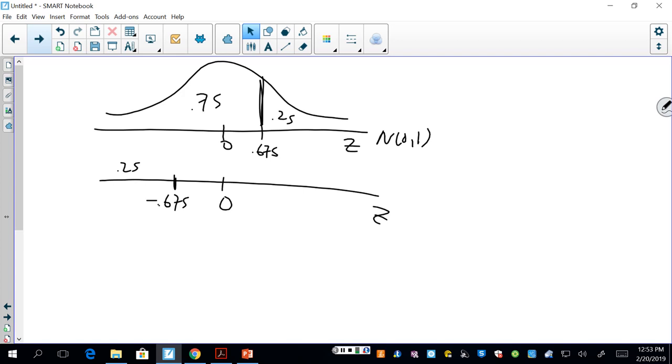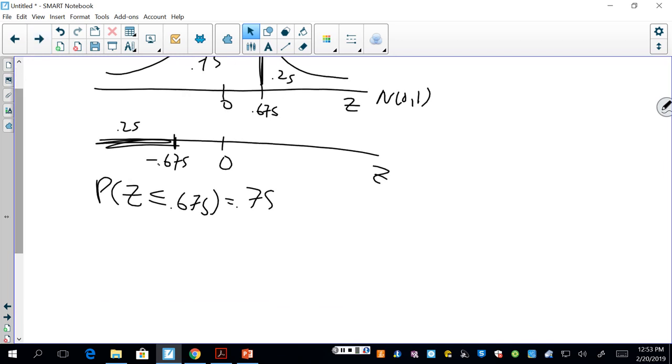But when it's a decimal like that, it kind of confuses the issue. The probability that z was less than or equal to 0.675 was about 75%. The chance that it's less than or equal to negative 0.675 is the 25%.